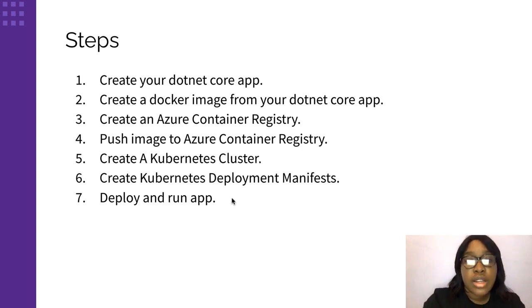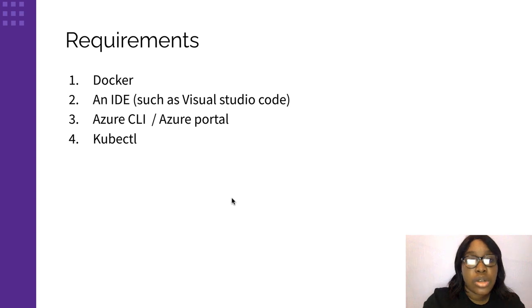So I'm just going to go right into looking at the requirements. Here are the tools that will be required for this demo. Docker. Then I'm going to be using an IDE. I'm going to be using Visual Studio Code, so you can use Visual Studio Code as well. It's fine.